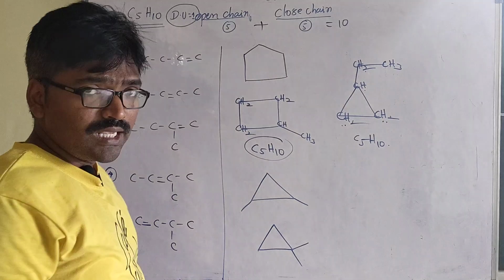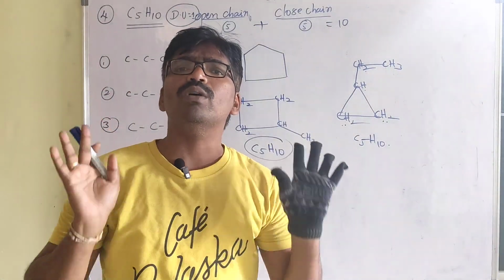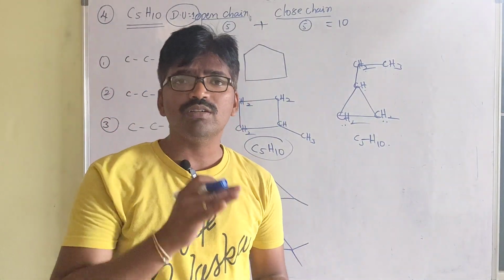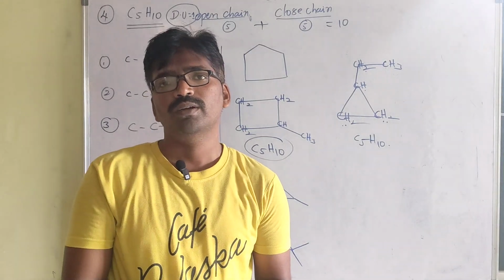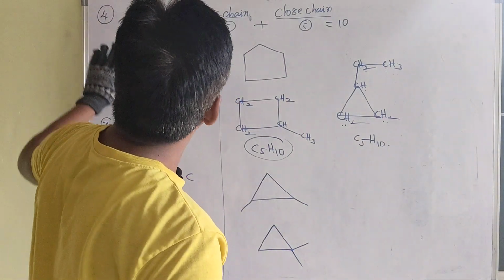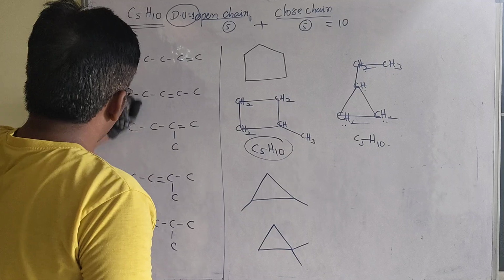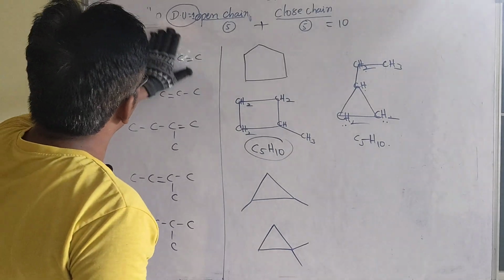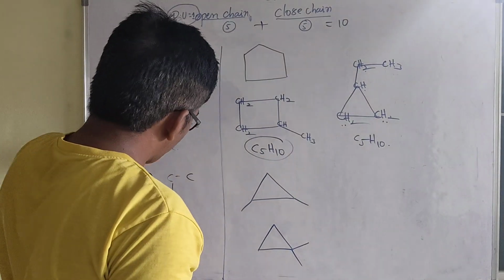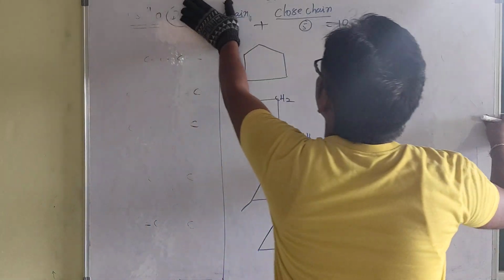Sir, one more thing: all these we discussed were hydrocarbons only. In case oxygen is present in the molecule, we will see how the structural isomers are possible for such molecules. So we'll see now, my dear students.